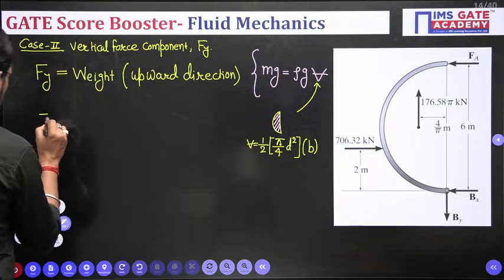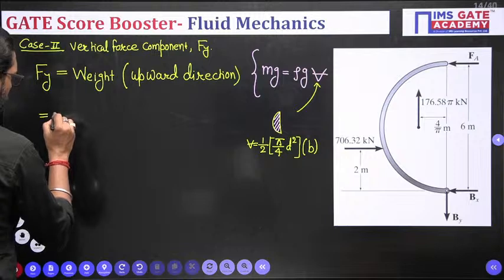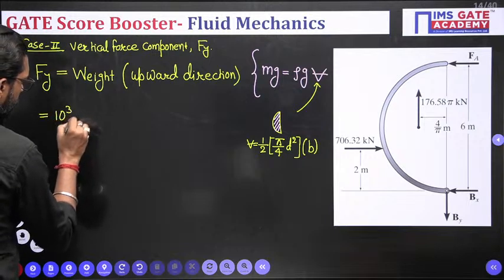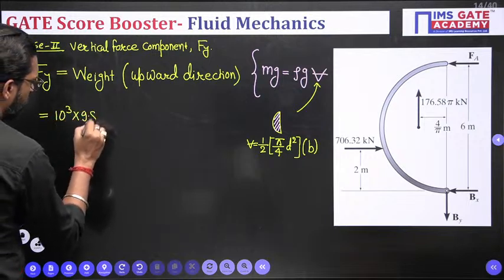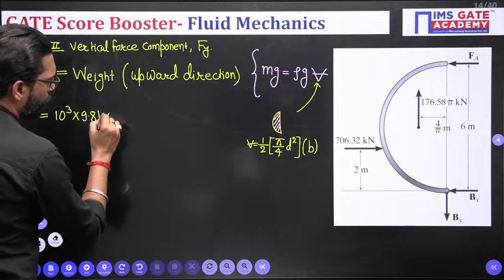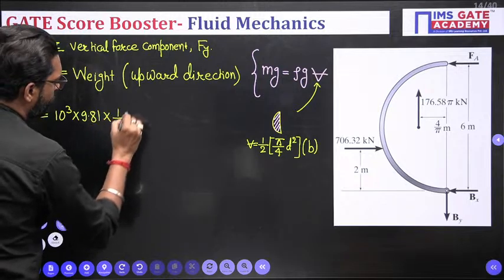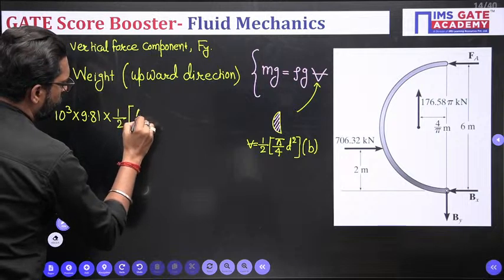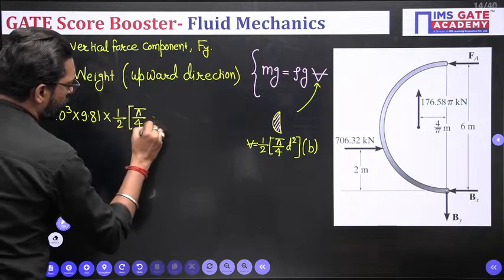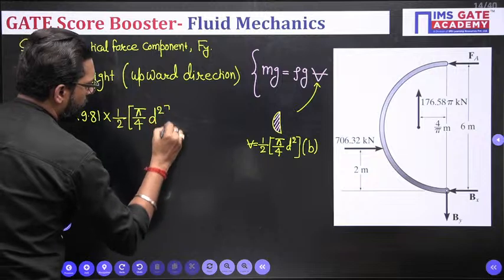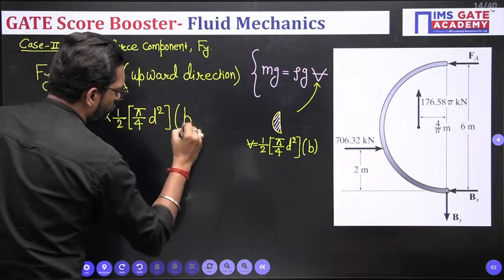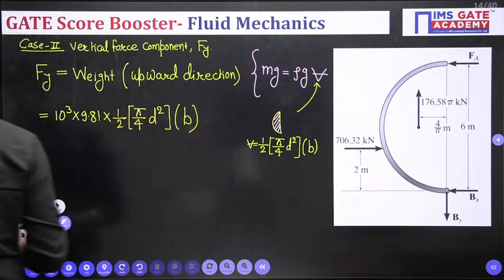So the weight is equal to 10 to the power 3 into 9.81 into volume, half pi by 4 d square into width perpendicular to the page.